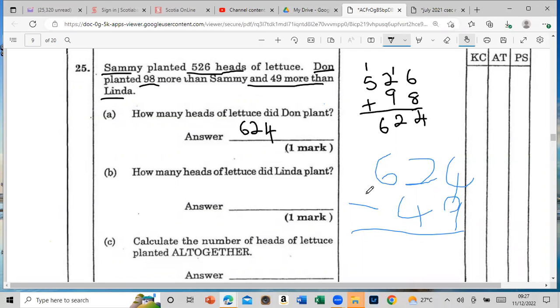Sir, I get 670. Yeah, so it's 673. Hold on. It says Dan planted 98 more than Sammy and 49 more than. So it couldn't be this. It couldn't be 673, guys.